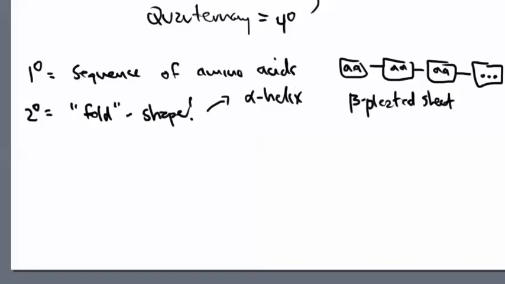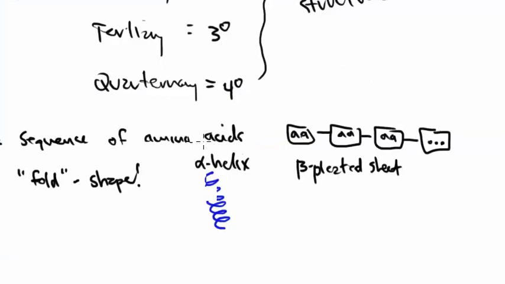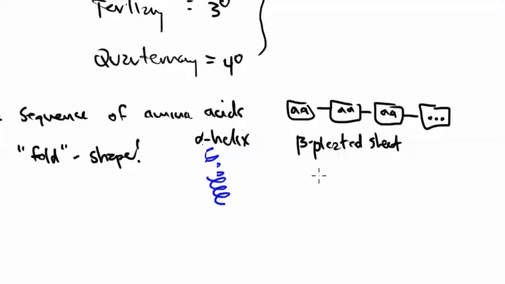So the alpha helix is basically like a slinky. So this is maybe some of the shape that secondary proteins or the secondary structure of proteins could describe. And a beta pleated sheet is basically just a sheet, kind of like a flat layer, and they're pleated. So it's kind of like an accordion file in a way.